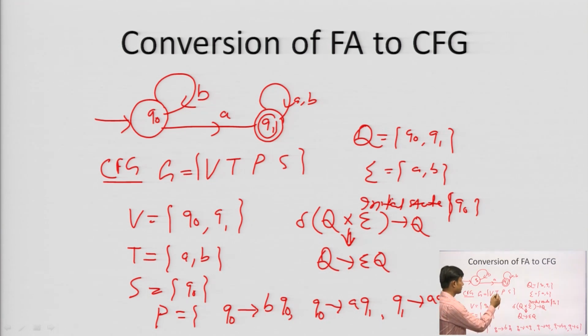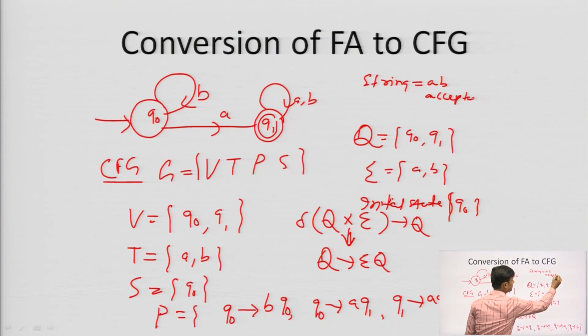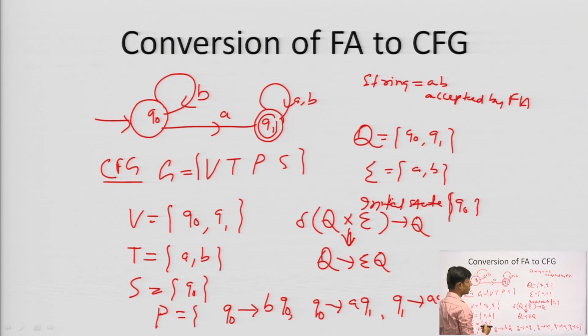Take an example string AB. Suppose the string AB is accepted by this finite automata. Now from the grammar also we can get this string.